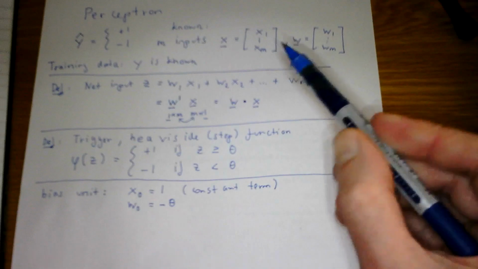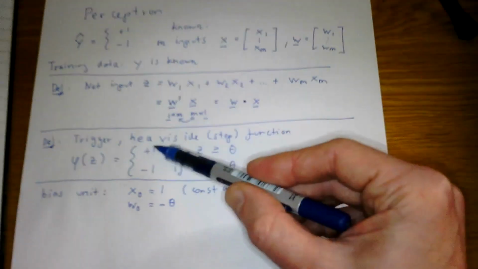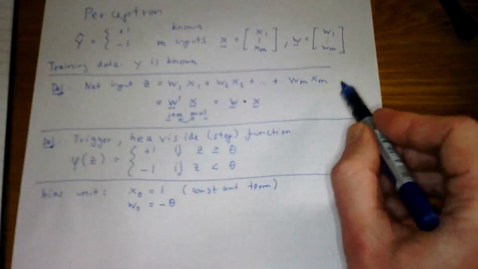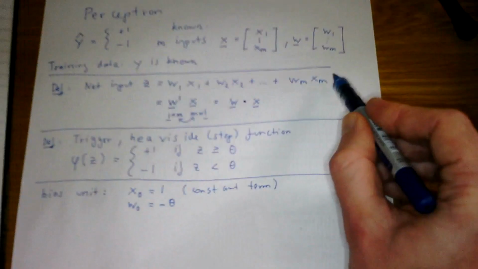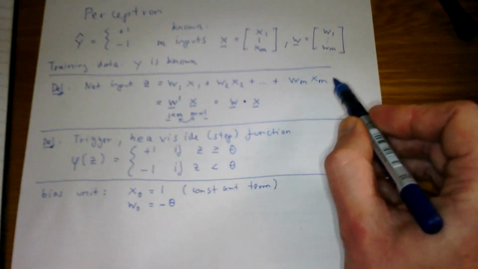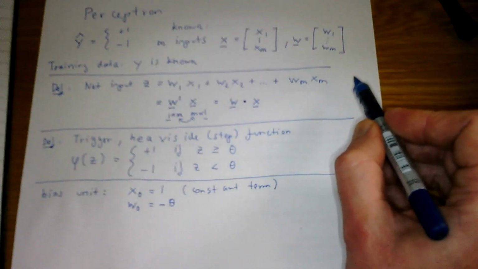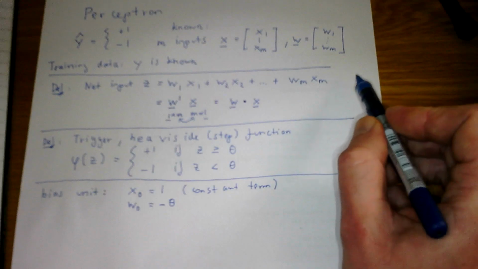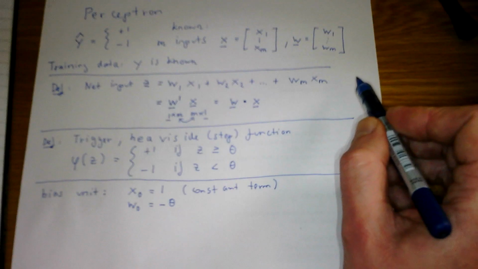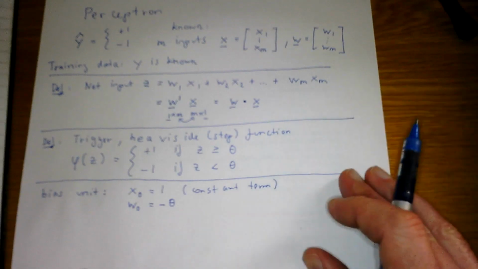Put differently, if you want to decide whether you are +1 or -1, you just look at this equation, you add your bias unit, and then you ask yourself whether it's larger or equal to 0 or less than 0. That's then the decision rule.